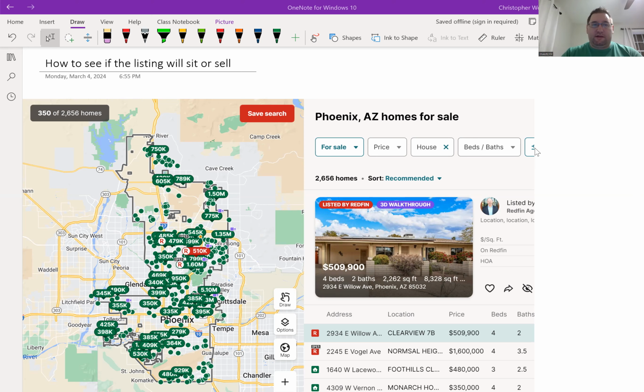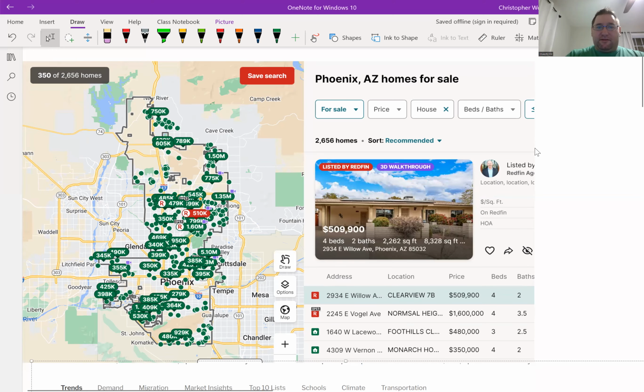And you can see here that the top here I have to see if a listing will sit or if it will sell. So the first thing I want to do is just say that I have some affinity to Arizona. I lived there for a long time. I did not live in Phoenix. I lived down in Tucson. And I love Arizona. But this is the market. I just pulled the data today from Redfin, right?